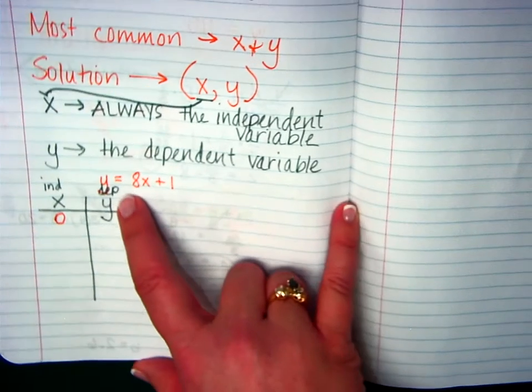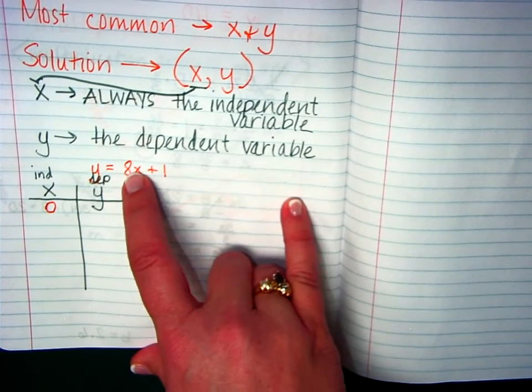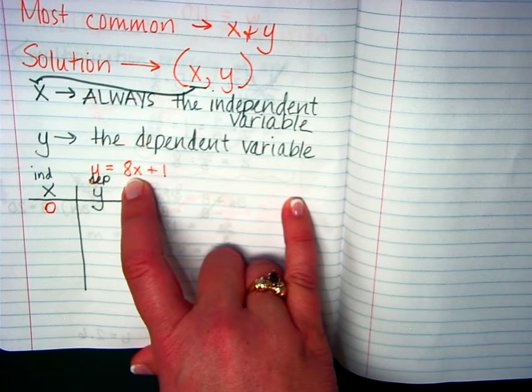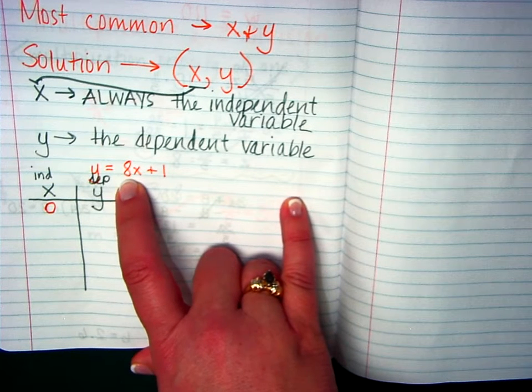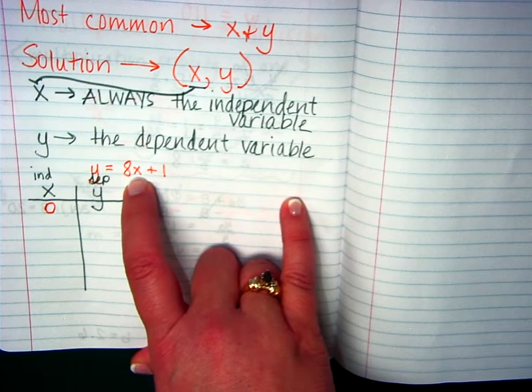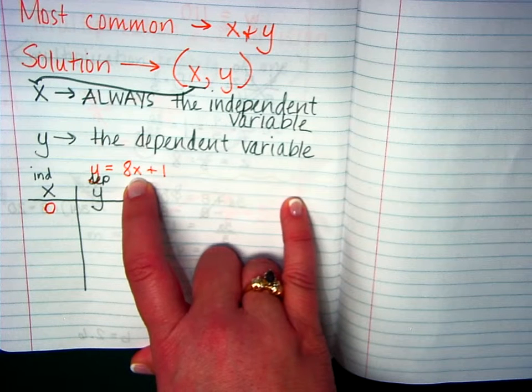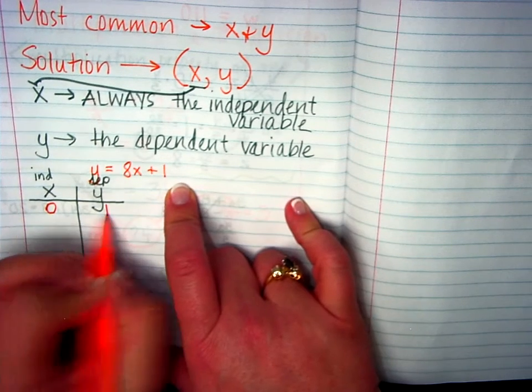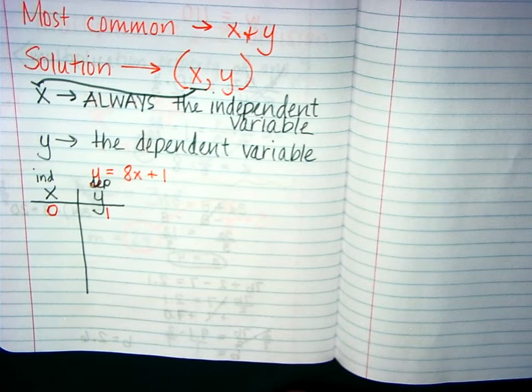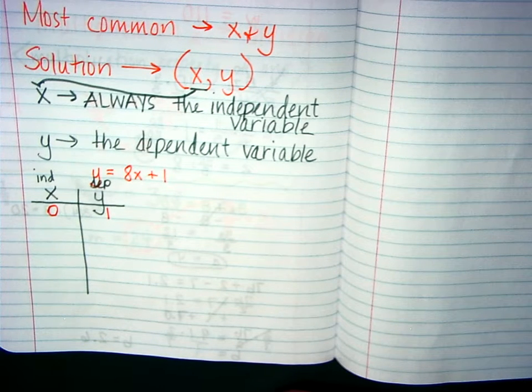And then I go back up to the equation and I put the 0 in for x. So this would read 8 times 0, right? Because they're next to each other. What's 8 times 0? 0. Plus 1. So if my x is 0, the y is 1. The y depended on the x.